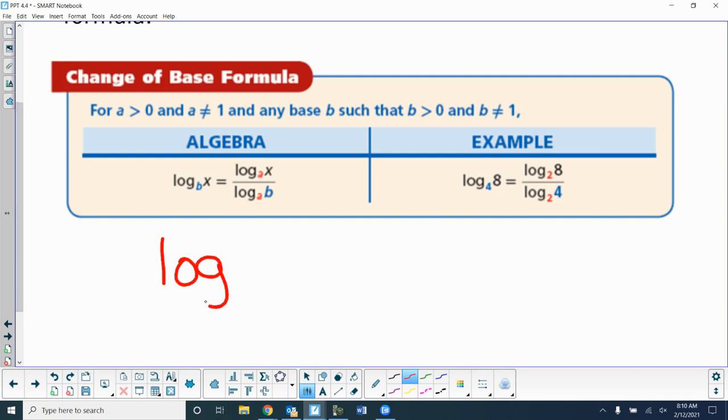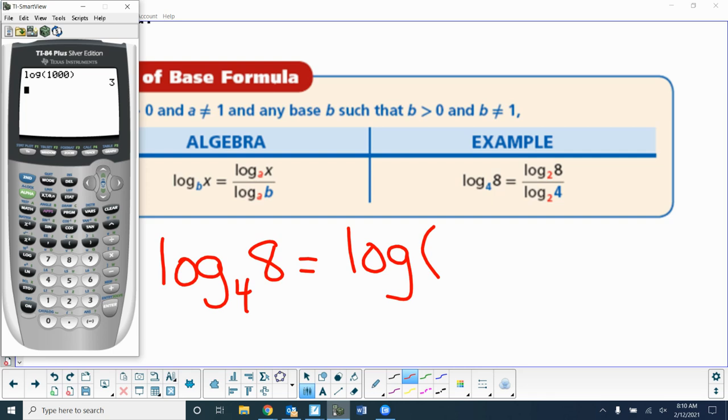So if I got this problem, log base 4 of 8, we're going to go in our calculator and hit the log button. Whenever you hit the log button or natural log, there's that left parenthesis, and you need to close it off.